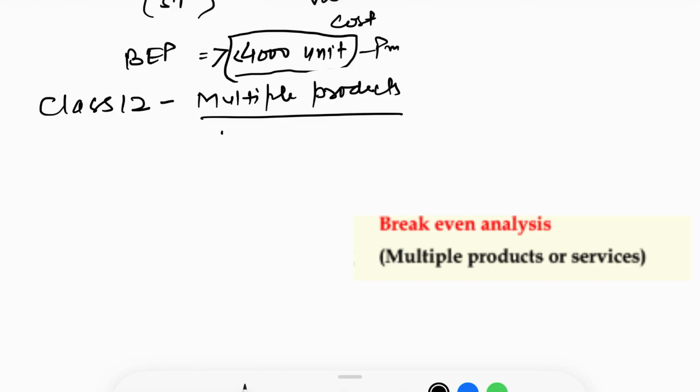Let's say a seller is selling 3 products, A, B and C, and we ask you to calculate break-even point of these 3 products. Then students tell me, ma'am, it's very simple. I said, why?